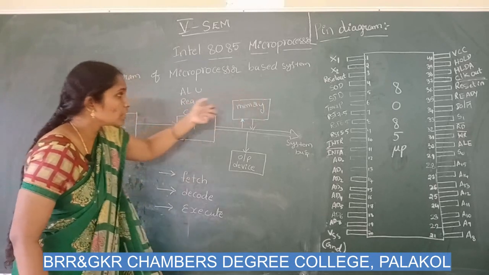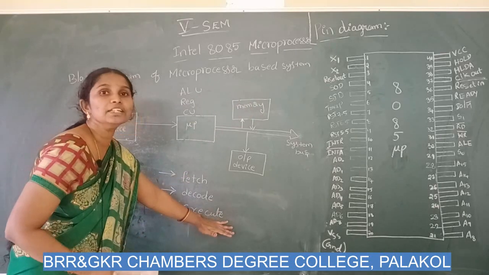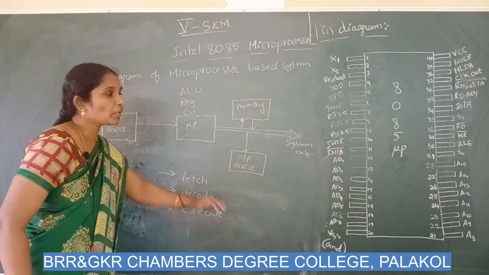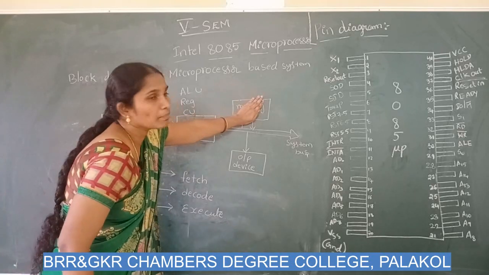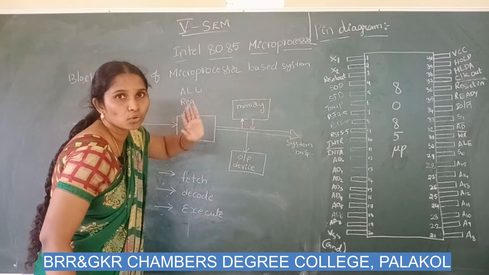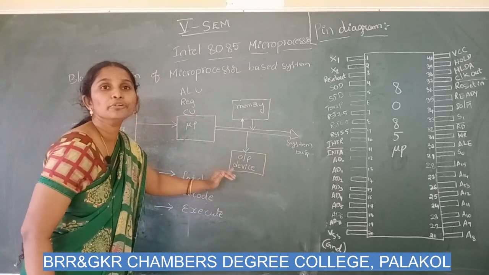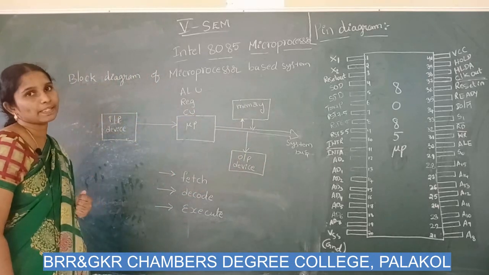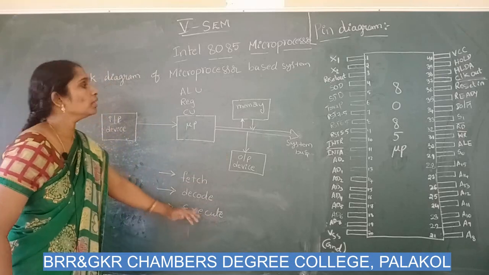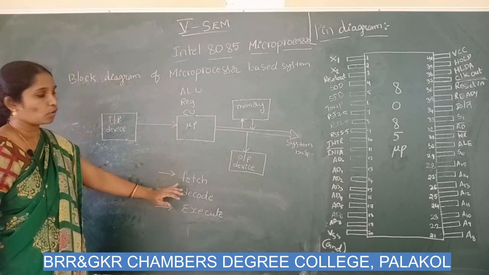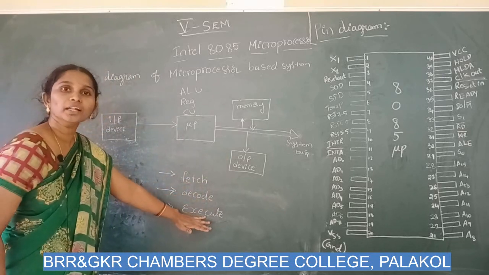It will fetch the instruction from the memory, it will decode that instruction, and after that it will execute that instruction. After the execution of that instruction, the result is given back to the memory for storage purposes, and sometimes it will be given to the output device for displaying purposes. So these are the operations performed by a microprocessor: fetch the instruction, decode the instruction, and execute the instruction.